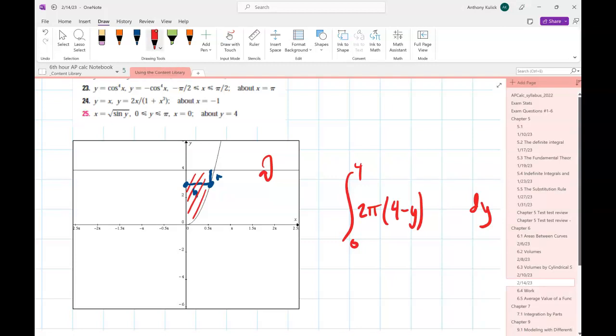That's okay. Yeah, the radius should be 4 minus y, and then the height should be root sine y. Thank you. Yep, and then that should be good. Why is the height root sine y? Oh, because the height is just x, and then x is equal to... Exactly. Yes. 100%. Very good.